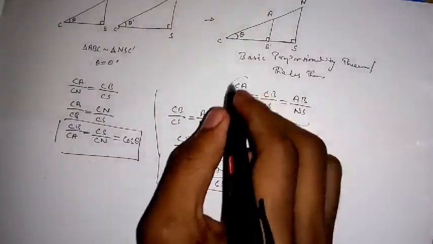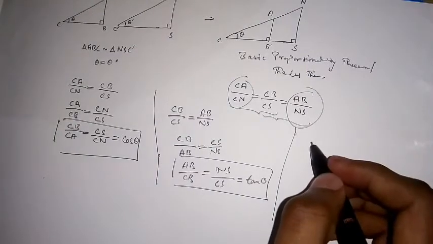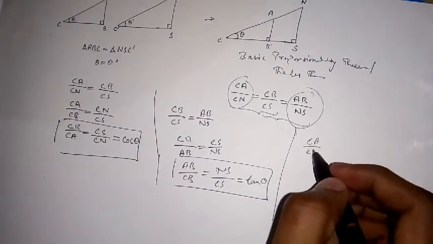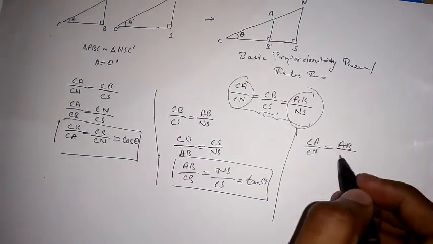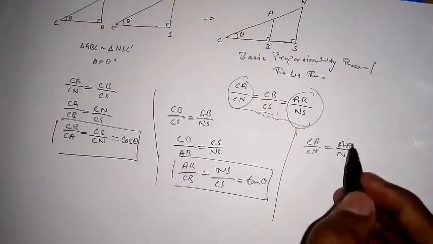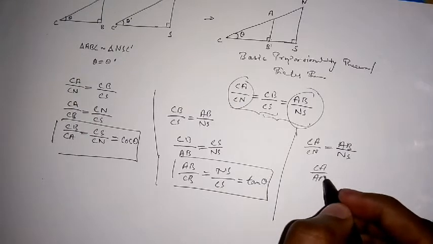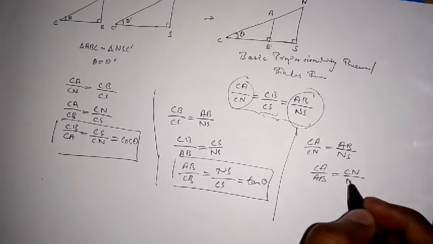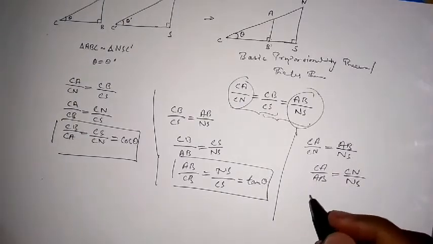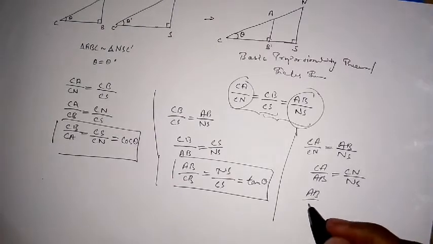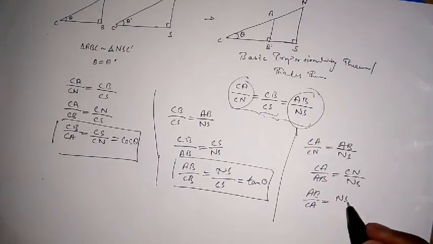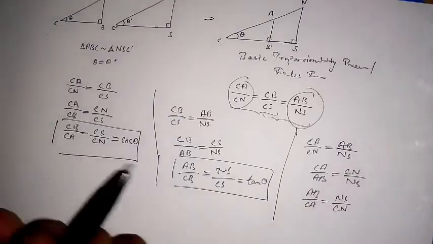Now take these two terms. We'll have CA over CN equals AB over NS. Let's replace both the two terms. We'll have CA over AB equals CN over NS. After the reciprocal, we'll have AB over CA equals NS over CN.